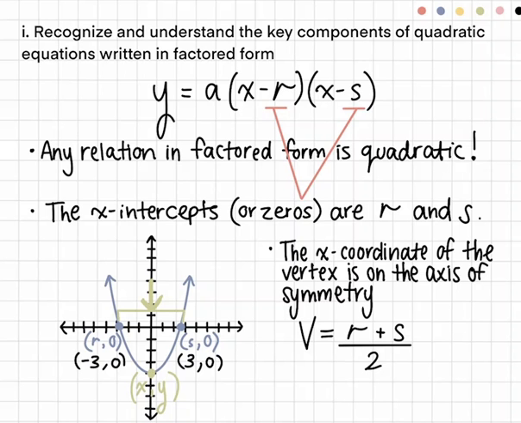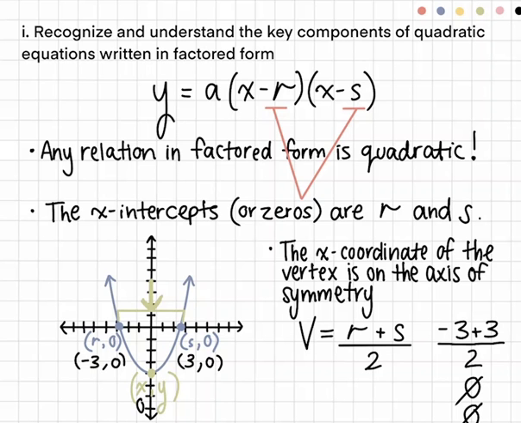Okay, so if we substituted that in over here, -3 plus 3 divided by 2. -3 plus 3 is 0. Divided by 2 is still 0, right? So we know that the x-coordinate of the vertex is going to be on 0. And it is here.